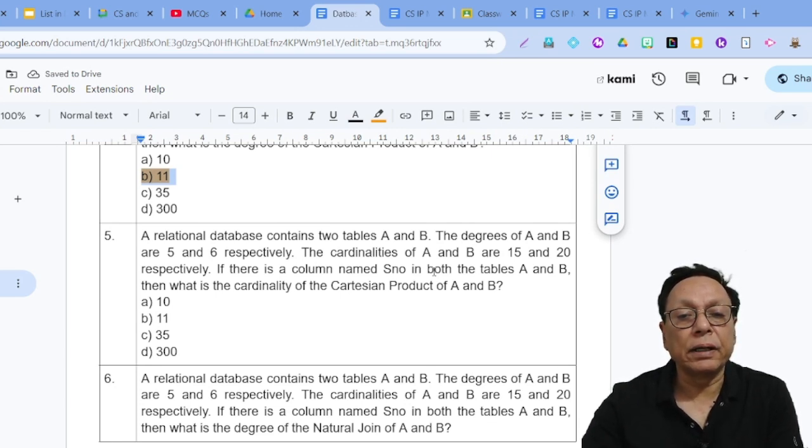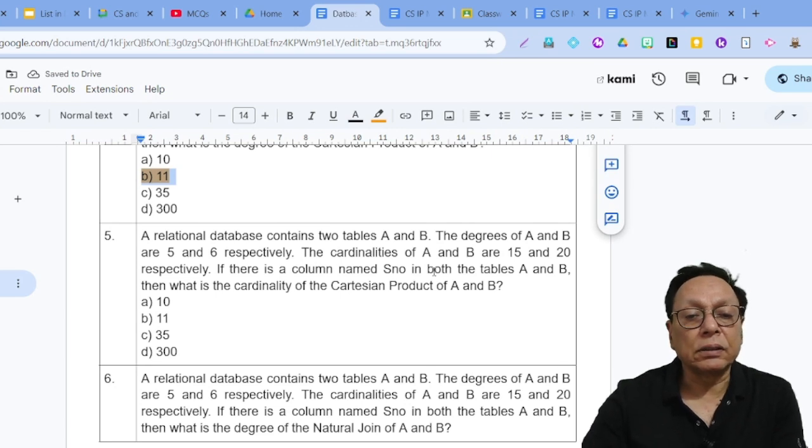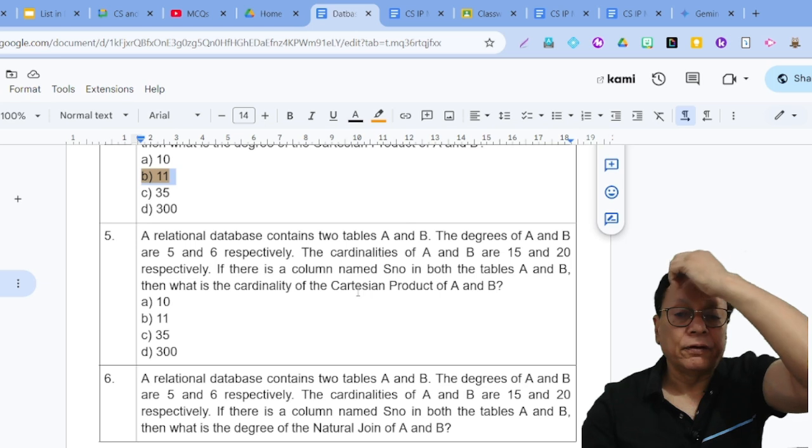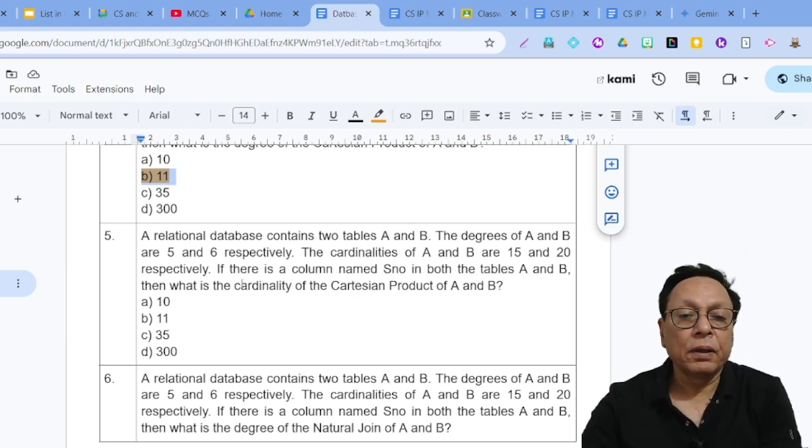That means 300 is the answer. Let's see and read it very carefully, and only then you can decide what should be the cardinality of the Cartesian product. So you should go with option D.